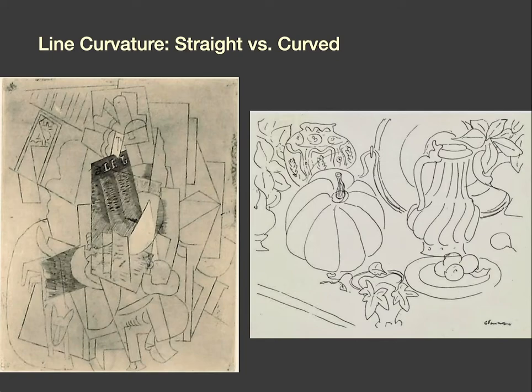What does it say about what the artist might think about his subject matter or think is important to communicate? By contrast, look at Matisse on the right. Does it feel the same as Picasso's? I mean, I hope your answer is no. It's a very different sensibility, almost opposite end of the spectrum. But what kind of vibe does it give off to you? Take a couple seconds to think about that.